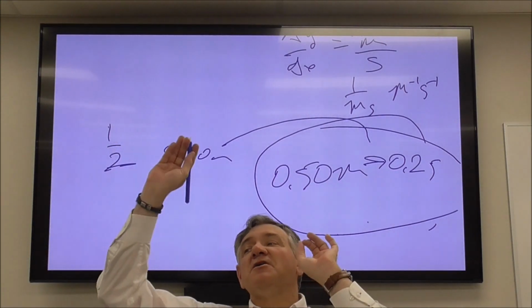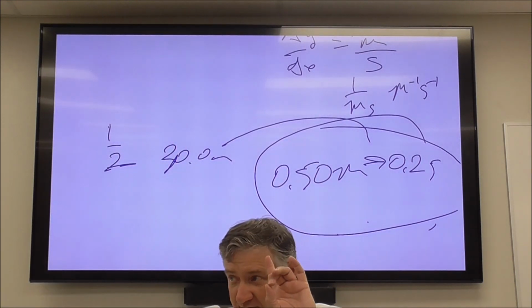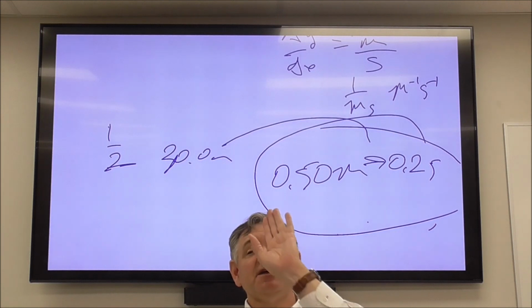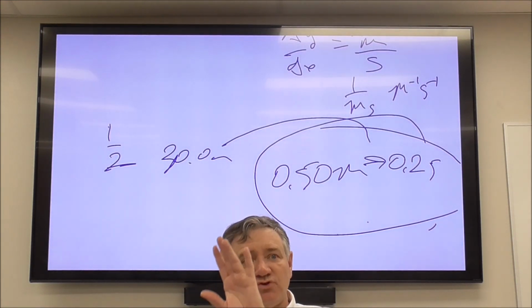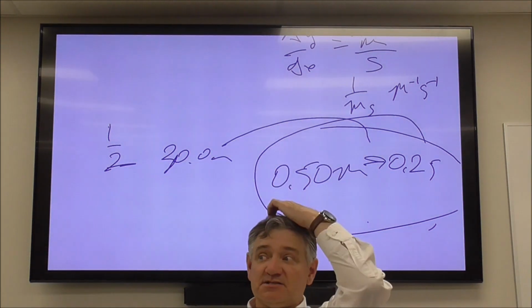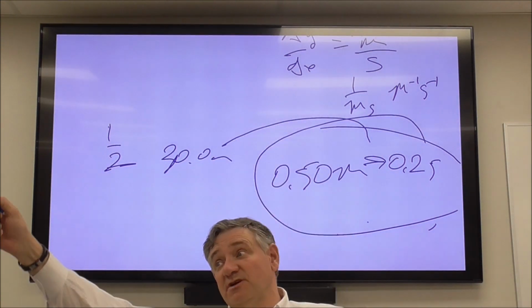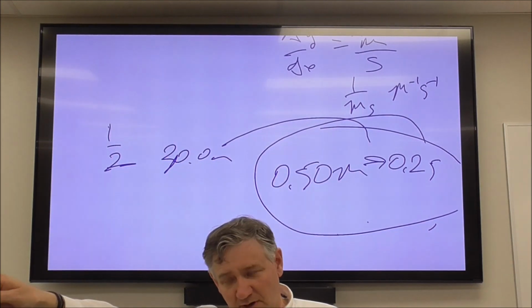So what you need to know for today is that the half-life determines how long it takes for the initial concentration to drop to half of what it was initially. Because some of these are dependent upon initial concentrations and some of them aren't, we'll get into that tomorrow.